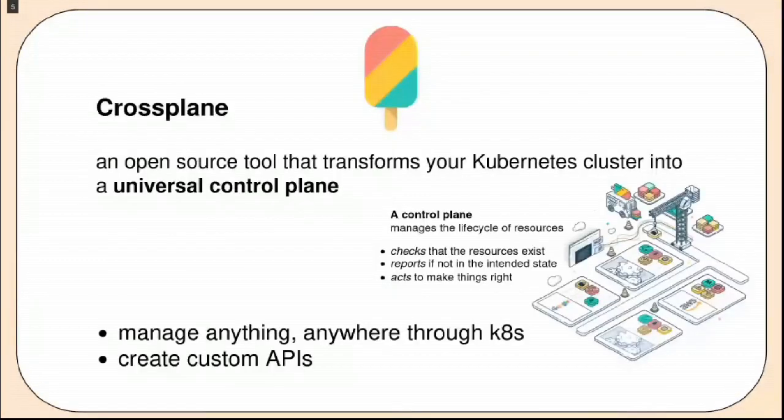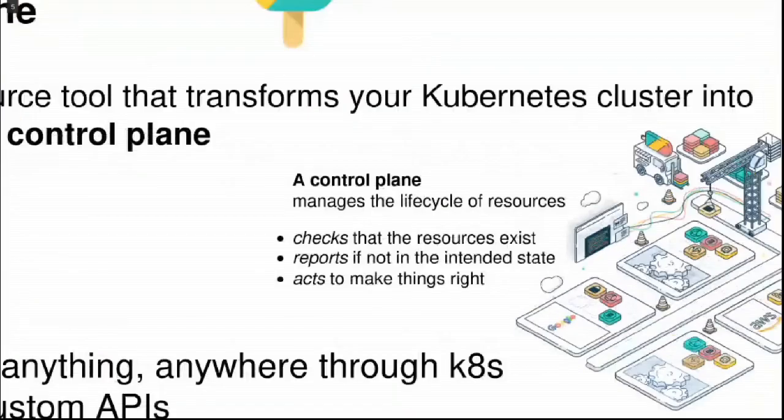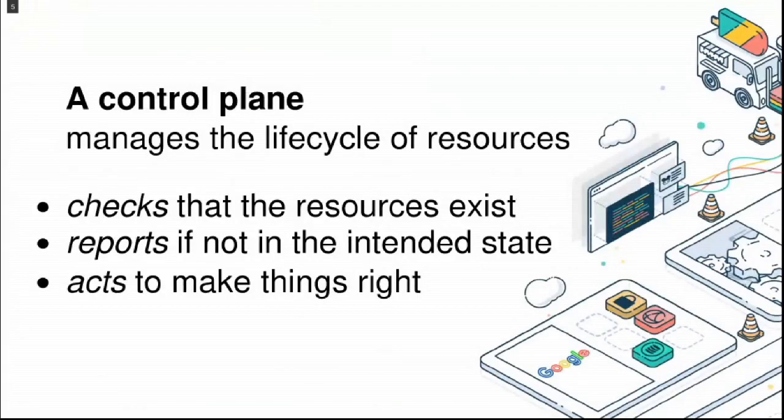The next thing is Crossplane, an open source tool that transforms your Kubernetes cluster into a universal control plane. So what's a control plane? A control plane is a component that manages the lifecycle of resources. It checks that the resources exist, it reports if they are not in the intended state, and it acts to make things right.